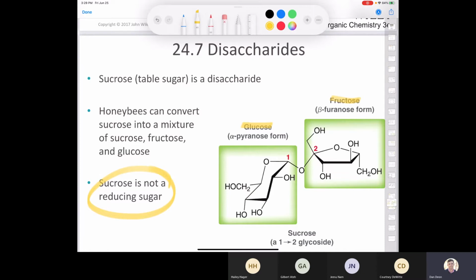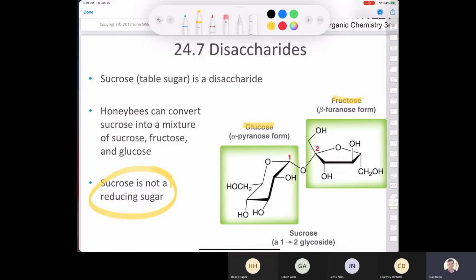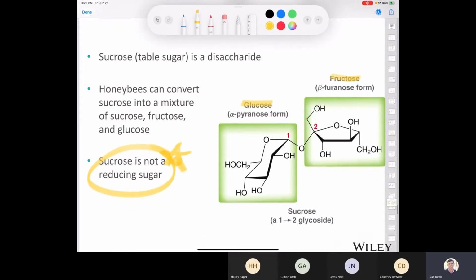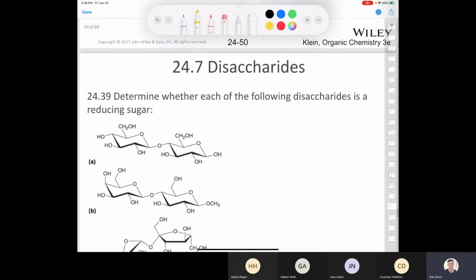So what have we learned? Cellobiose, maltose, lactose, those are all disaccharides that are reducing sugars. However, sucrose is not a reducing sugar. That's something that you need to know. All right. The fact that honeybees can convert sucrose into fructose and glucose, I guess that's important, but that's neither here nor there really to me.